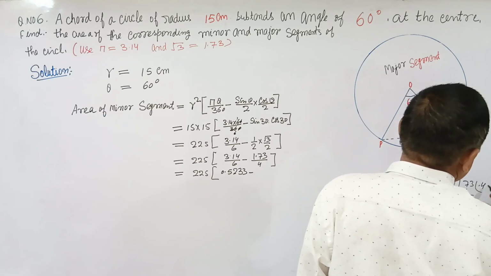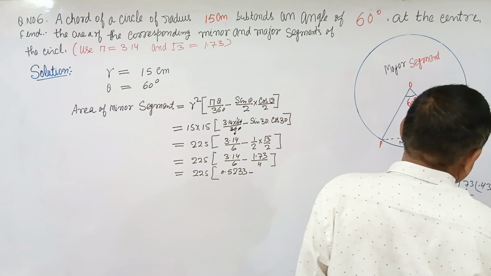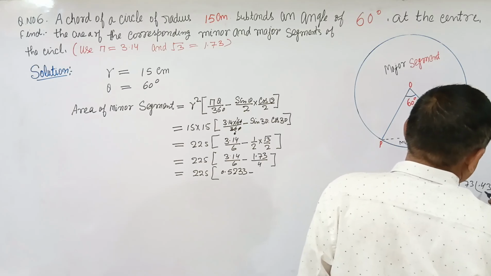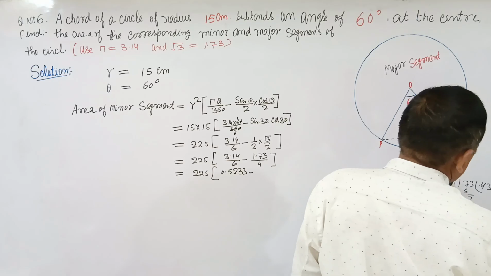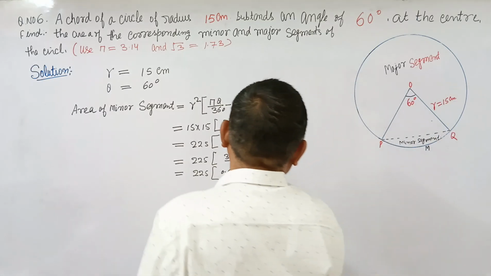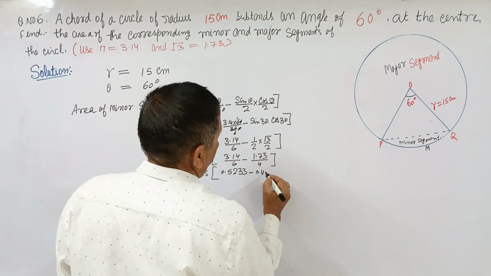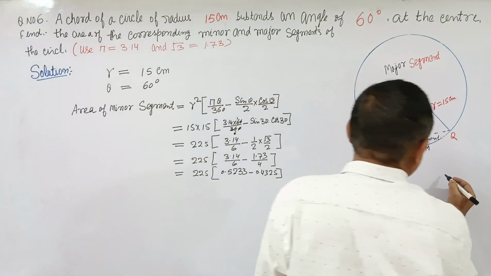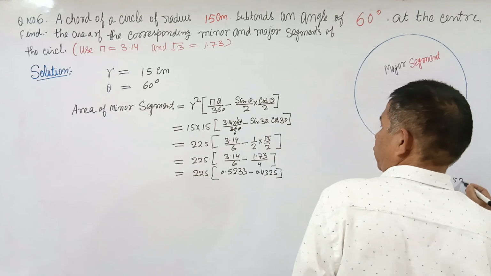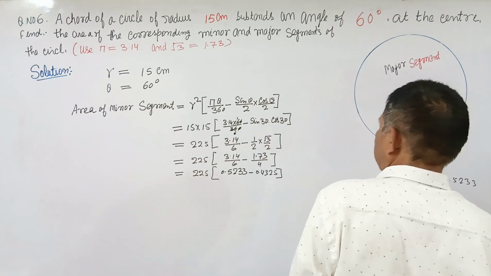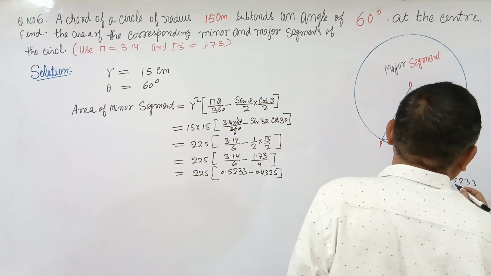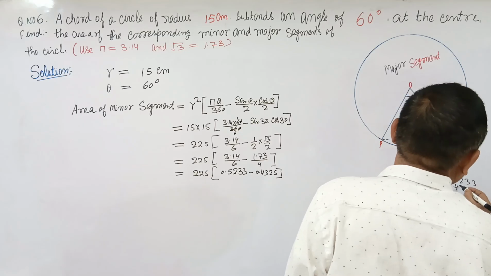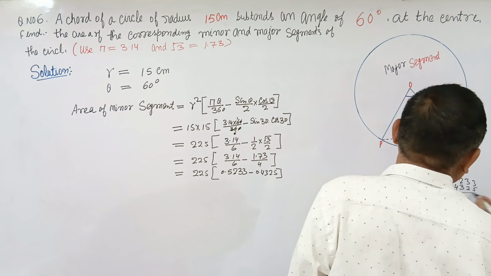So this comes out to be 0.4325. Now I will subtract 0.5233 minus 0.4325.